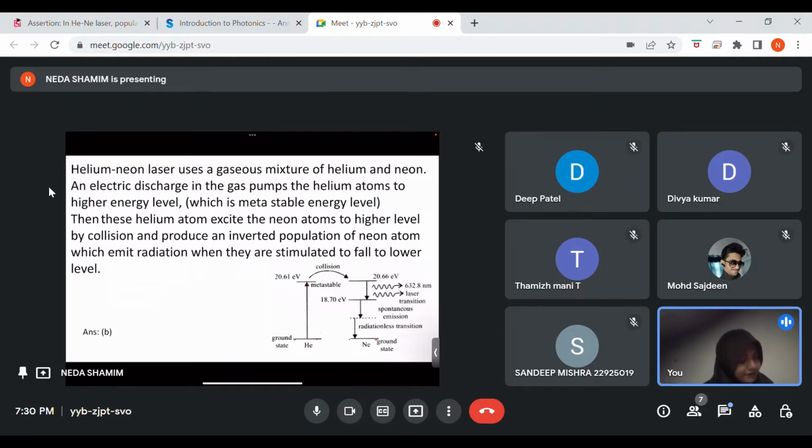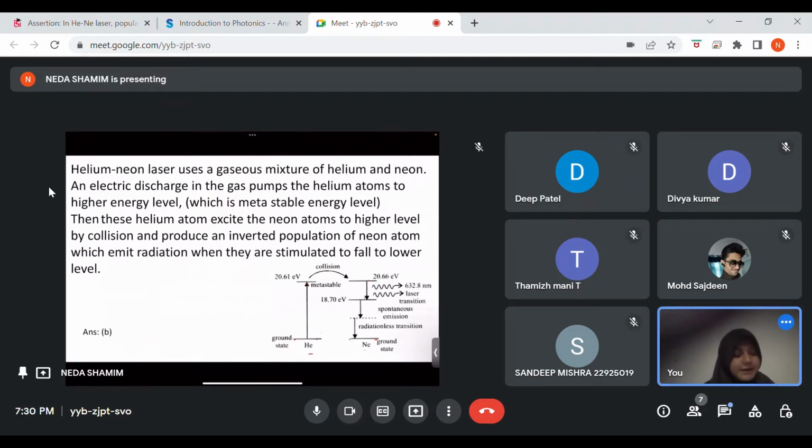And here we have a 4 level system, 1 2 3 4. So this will produce my population inversion, and once we generate population inversion and we give a photon, it induces another photon, there will be laser transition or stimulated emission. So helium neon laser uses a gaseous mixture of helium and neon.